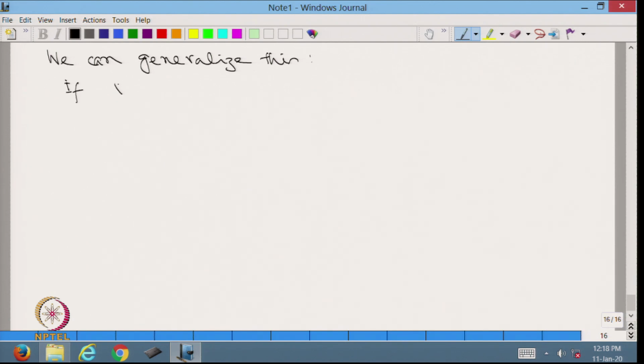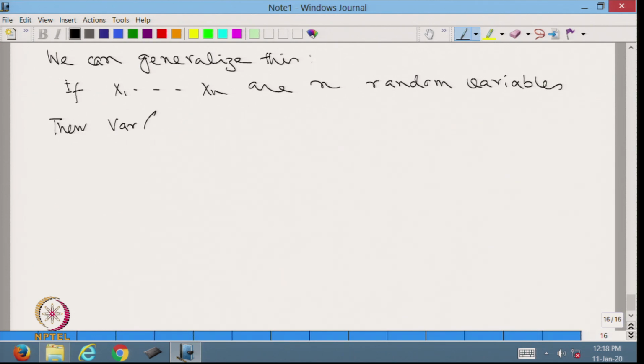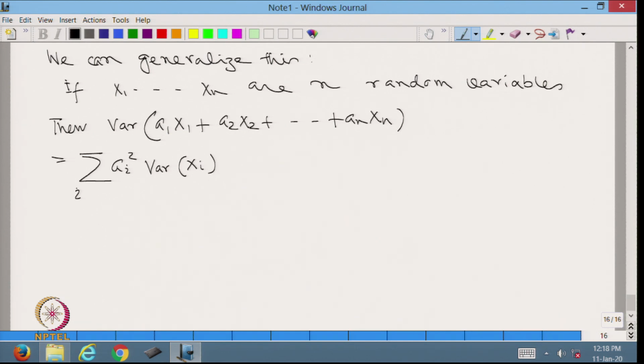If x1, x2, xn are n random variables, need not be independent, they are just n random variables, then variance of a1 x1 plus a2 x2 plus an xn is equal to, I am writing you the formula, you please verify in a very similar way, it is coming out to be sigma ai square variance of xi, i is equal to 1 to n plus sigma sigma i not equal to j from 1 to n.